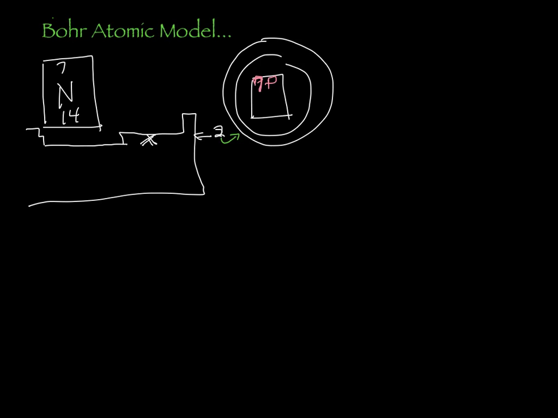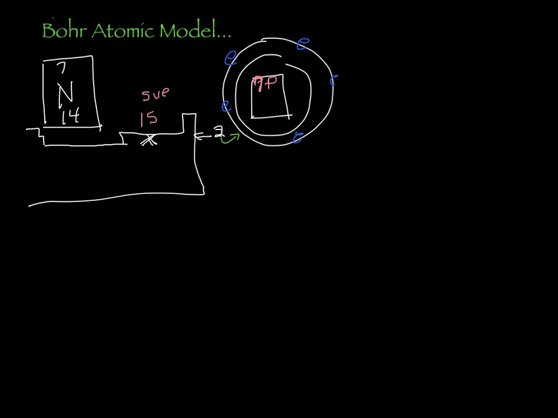We also know that it's in the 15th family, or the 15th group, which means it has 5 valence electrons. So there's going to be 5 electrons in its outermost shell. 1, 2, 3, 4, 5.